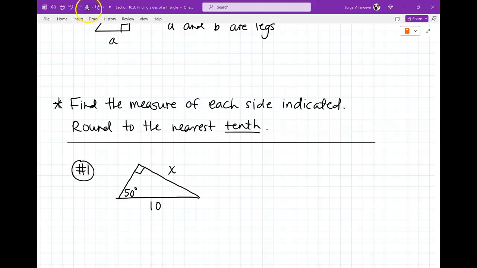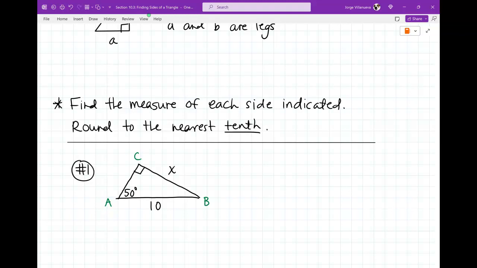Now, by the way, in this homework, you're going to notice that they're going to give the vertices names. Okay? So, in other words, vertices, if you guys don't remember from geometry, that's all the little corners, right? The little sharp corners of the triangle. So they might call this like A, B, and C. Don't get thrown off by that. They're just basically saying there's angle A, angle B, and angle C. Angle A is 50 degrees. Angle C is 90 degrees.